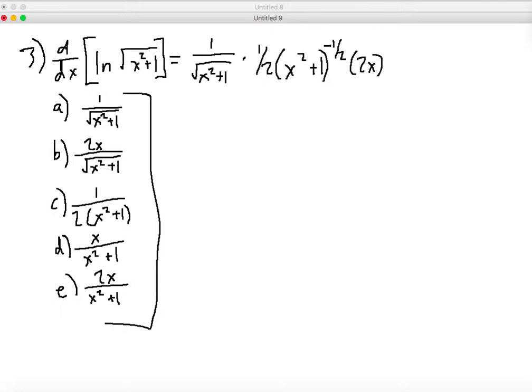Here we'll see that our 1/2 and our 2 will cancel each other out, and we'll be left with the 1 over our square root times x over our square root.